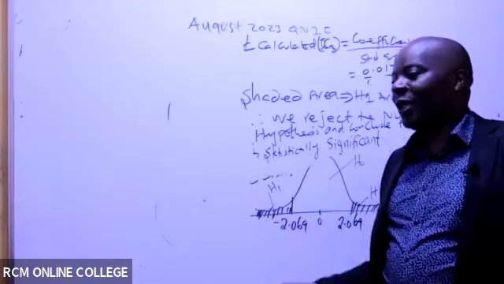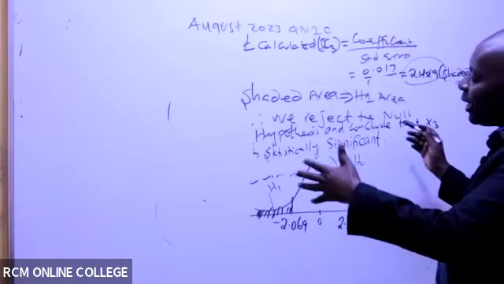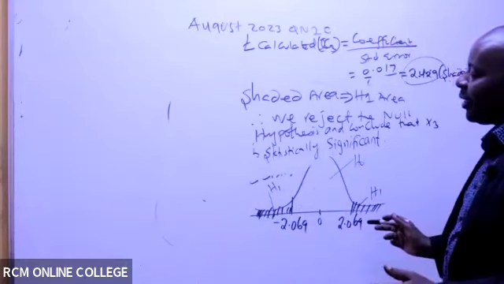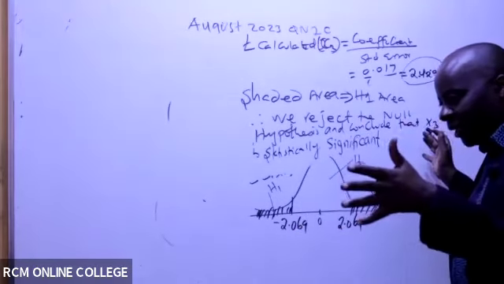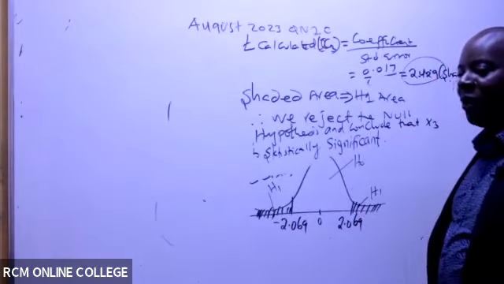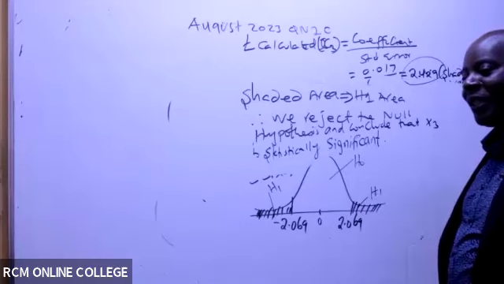Keep it. You write in capital letters down there: keep independent variable X3 in the model.